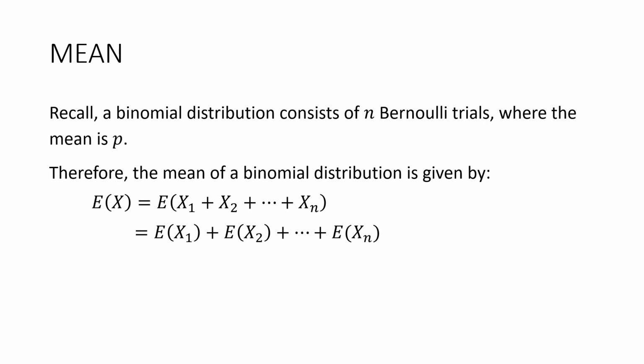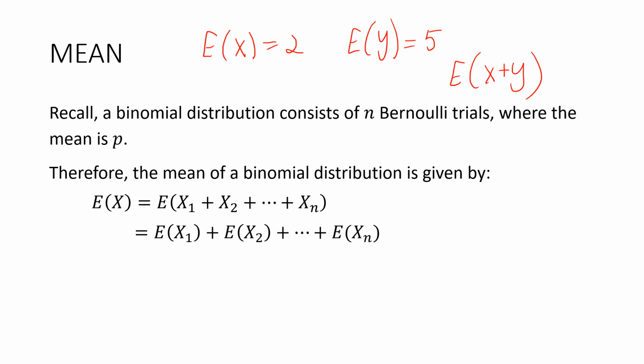Consider that you've got a random variable X, say, and the mean is 2. So I'm just going to put it up here. And then you've got another random variable Y, and the mean is 5. It's logical that the expected value of X plus Y must be the expected value of X plus the expected value of Y. So this is true.